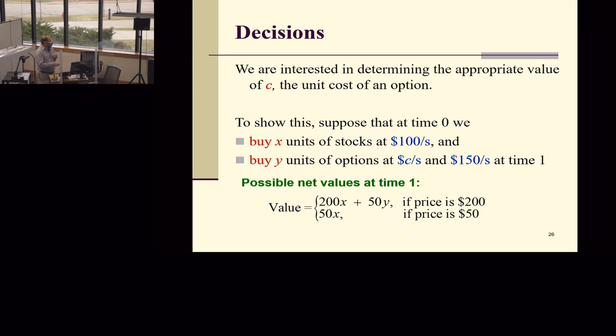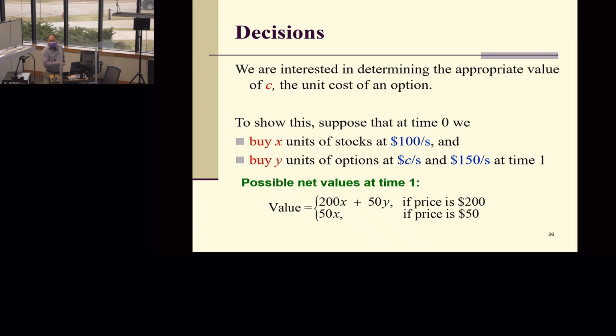We're interested in determining the appropriate value of C, the unit cost or the premium for purchasing this option. What is the proper C value? Currently, I'm buying X units of stock at $100 per share and buying Y units of an option at C dollars per share, with a strike price of $150 for that stock after time 1.